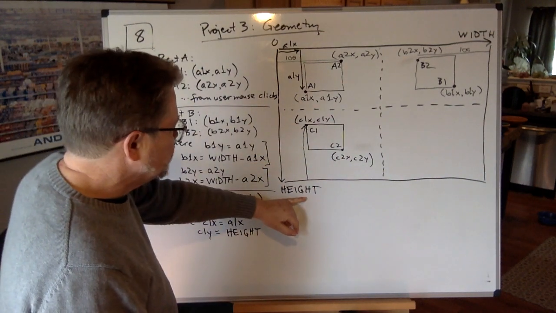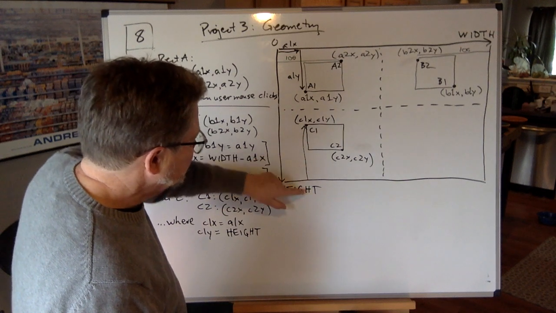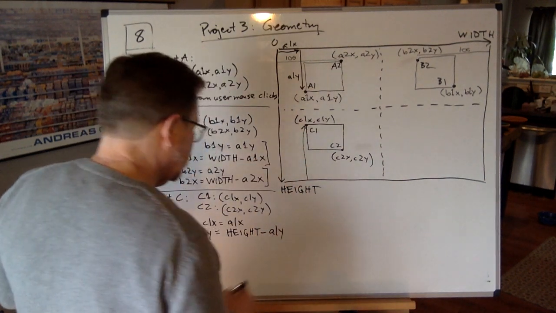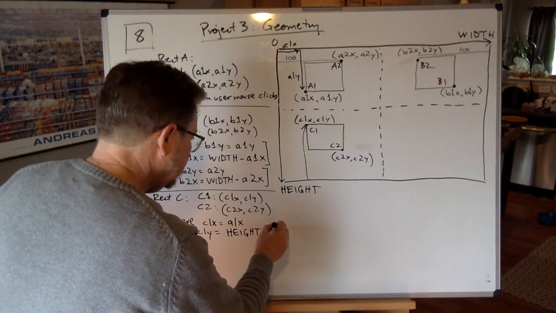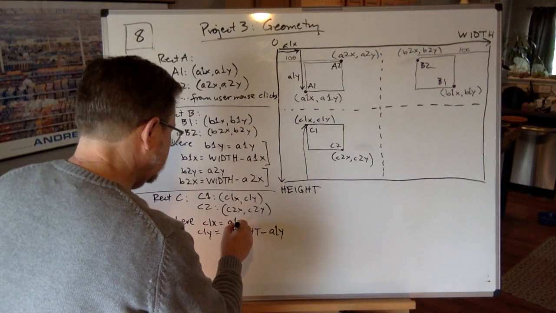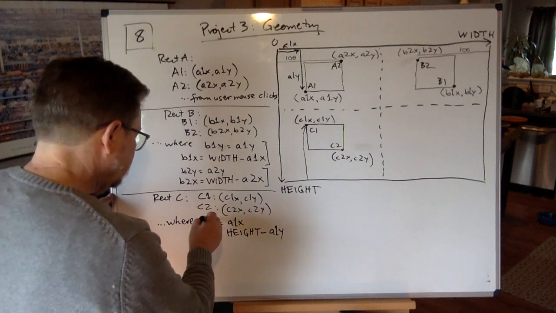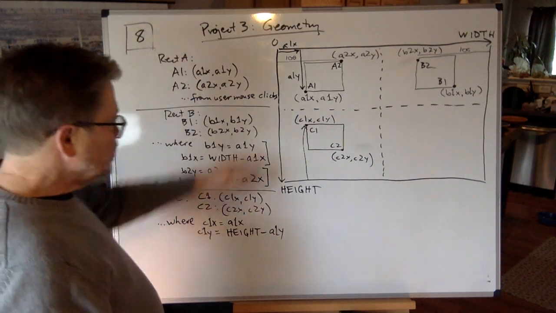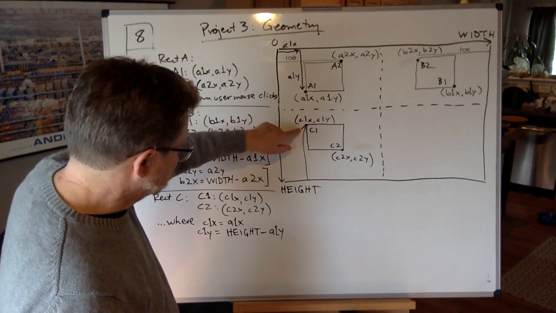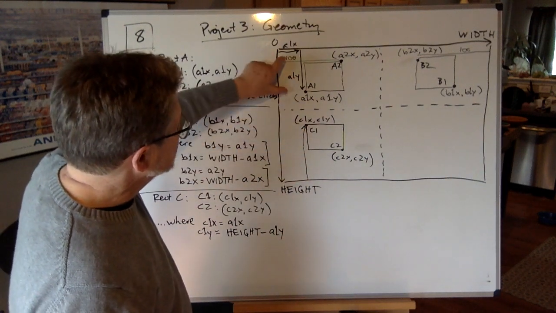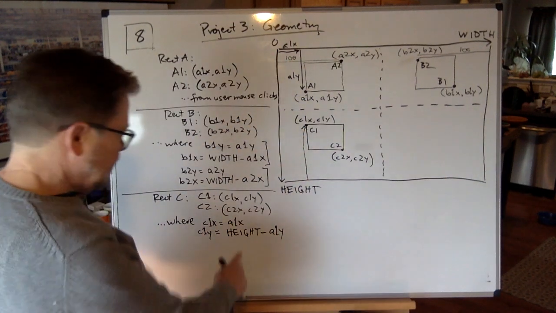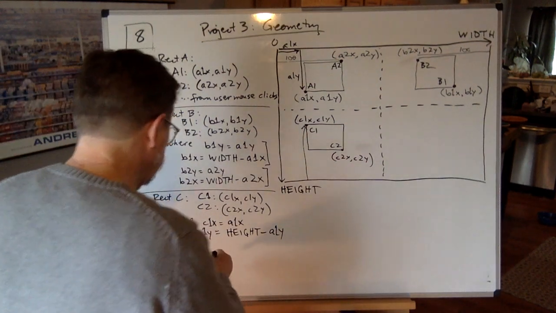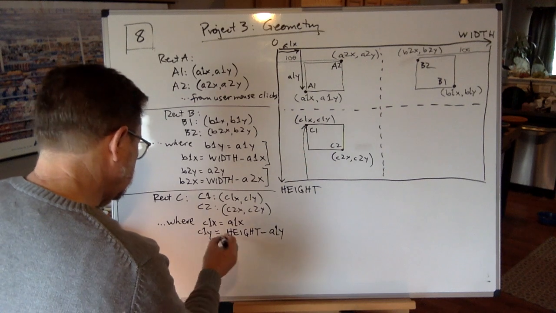I'm going to bounce it off the height and take the height and subtract A1y. It looks like an L. Can't let that stand. Sorry. There. A1x. All those things that look like L's are 1s. Okay, so the height minus A1y. Bounce up that distance, whatever it is, and that will get me back up where I need to be for the C coordinate. And the same thing here for C2.